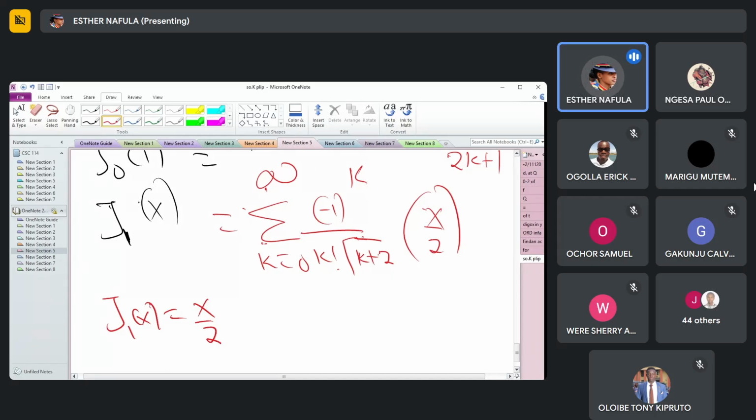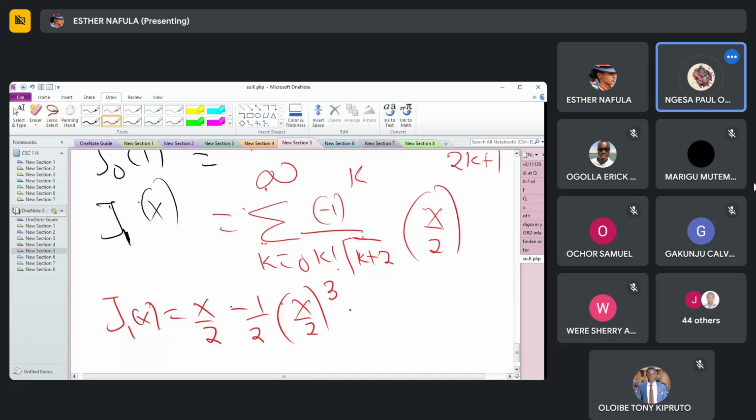Paul, when k is 1, what do you get? Negative 1 over 2 times x over 2 cubed. When k is 2? Positive 1 over 6, x over 2 power 5. When k is 3?